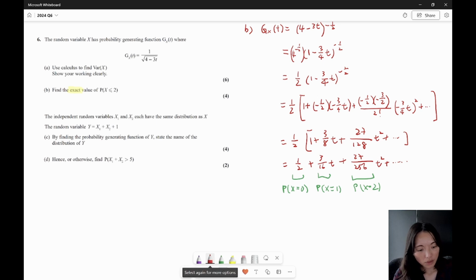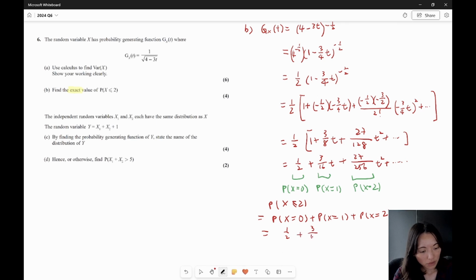So to answer the question, p of x less than or equal to 2 equals p of x equals 0 plus p of x equals 1 plus p of x equals 2, which is a half plus 3 over 16 plus 27 over 256. And that gives us exactly 203 over 256.